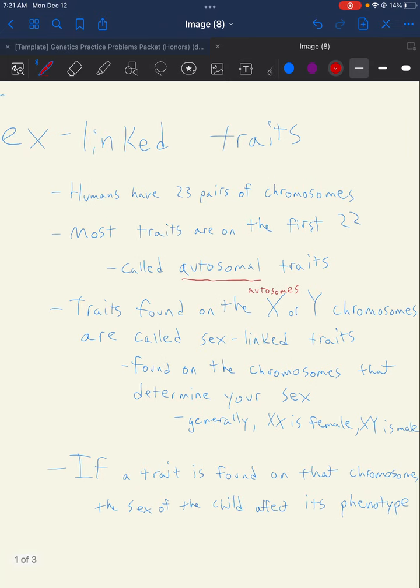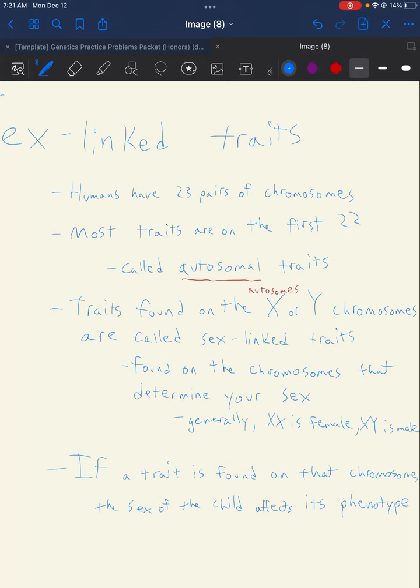But they don't just determine whether you are a male or a female. They do carry some inheritable traits on them. And if a trait is found on that chromosome, the sex of the child will affect its phenotype. Such as with color blindness.